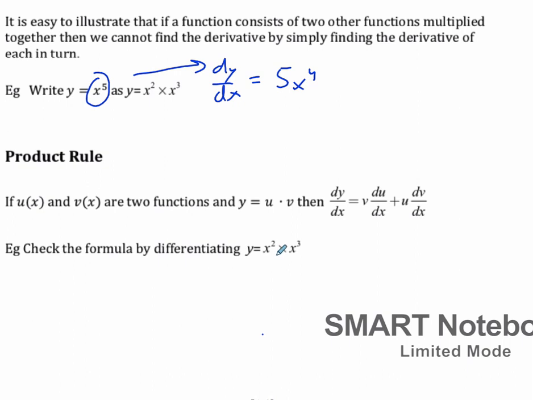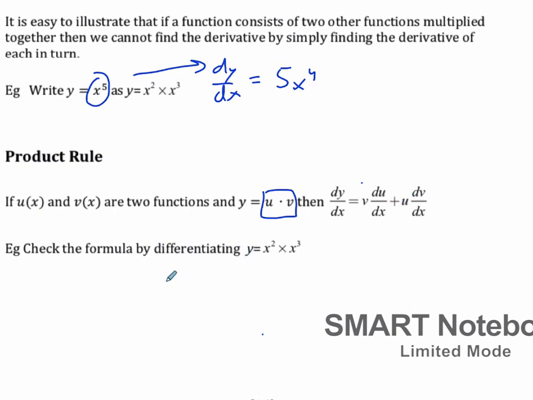Now, if we do it another way using the product rule, and the product rule states that if you have a product of two functions, then it's going to be equal to one of the functions times the derivative of the other one plus the other function times the derivative of the first one, right?